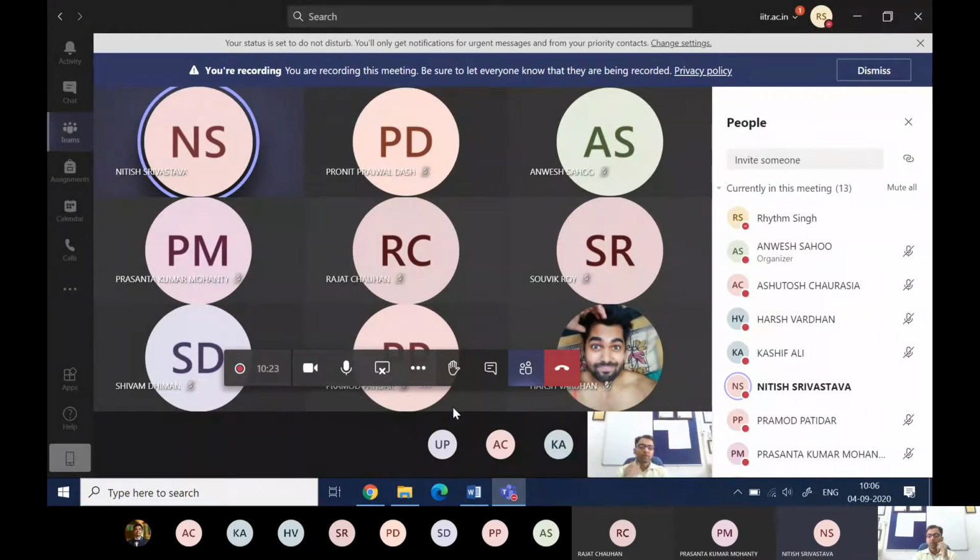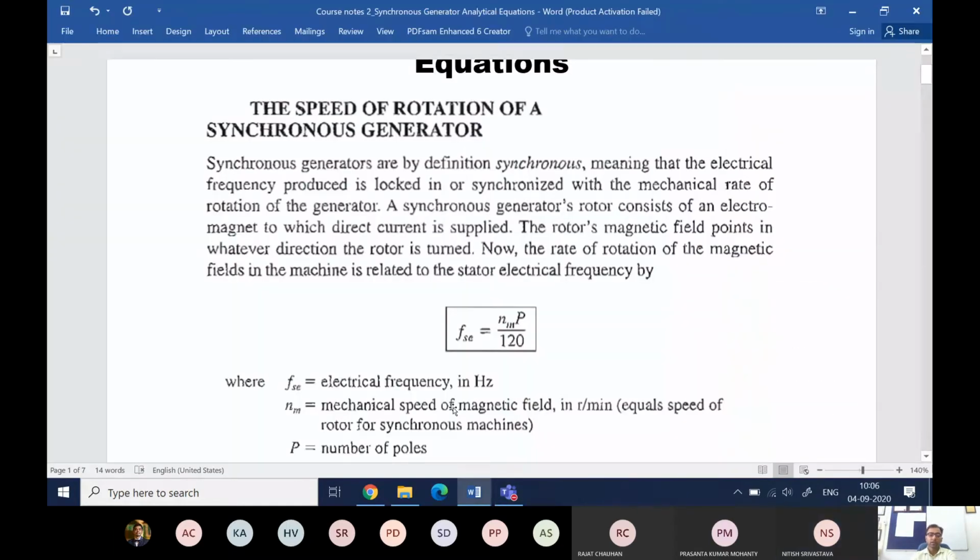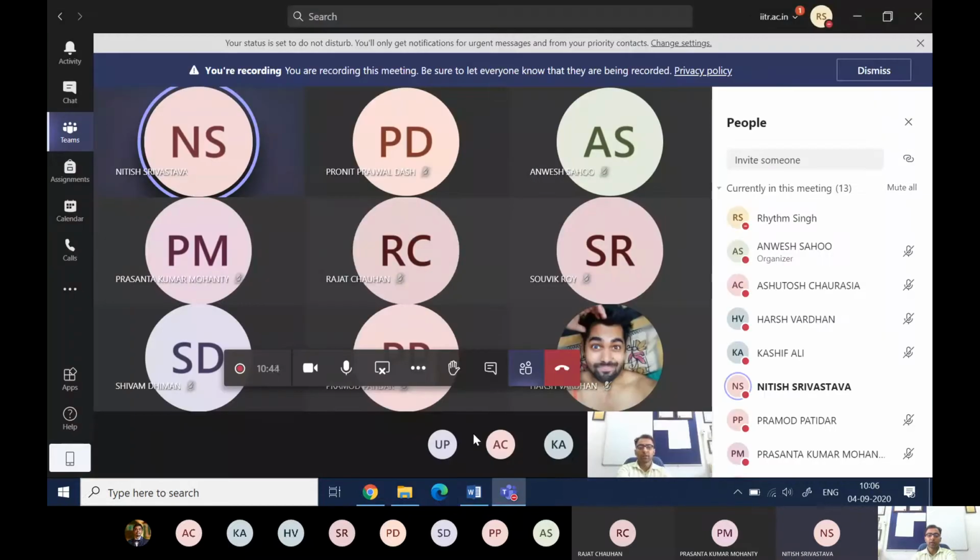Sir, this is the specialty of a synchronous generator, that mechanical speed is the same as the electrical speed. No. Here we are saying that the mechanical speed of the magnetic field is the same as the speed of the rotor. So whatever speed you are rotating the rotor at, the same speed the magnetic field is also rotating.